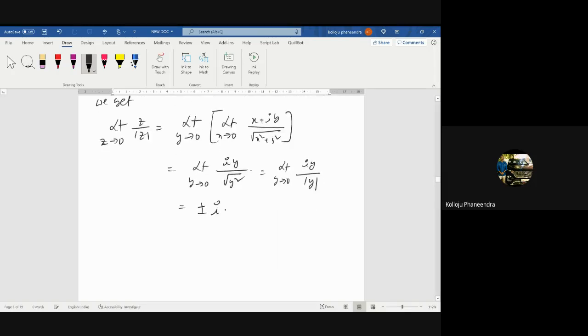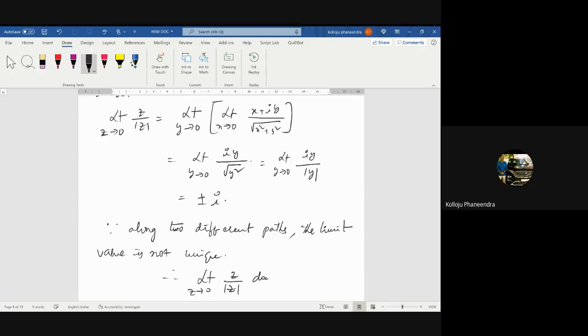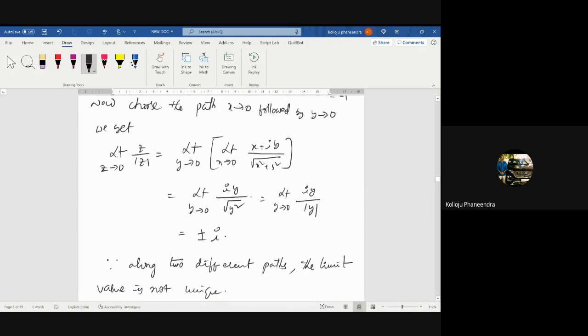Both the limits are different, since along two different paths the limit value is not unique. Therefore, limit z tends to 0, z by mod z does not exist.